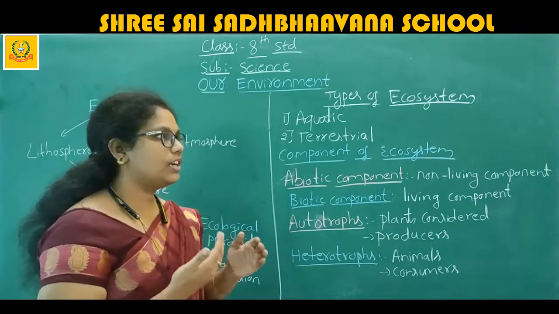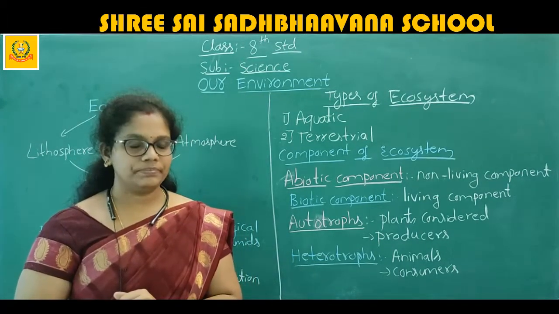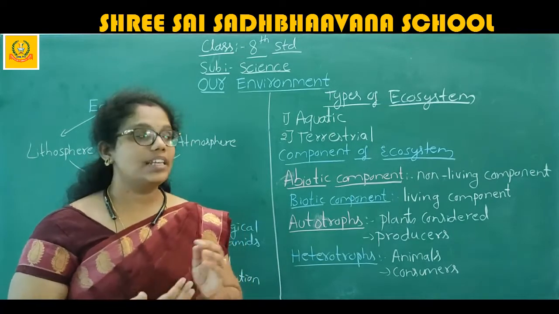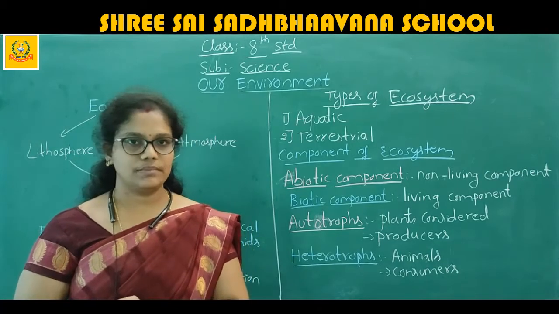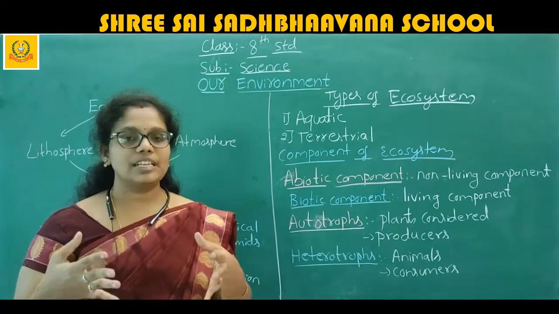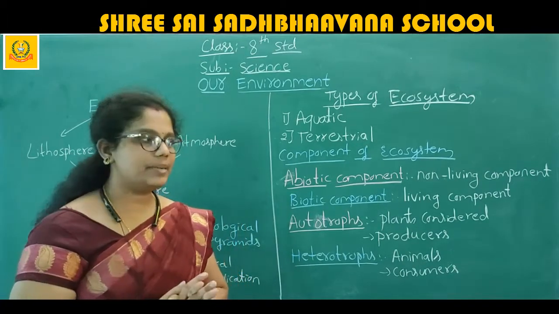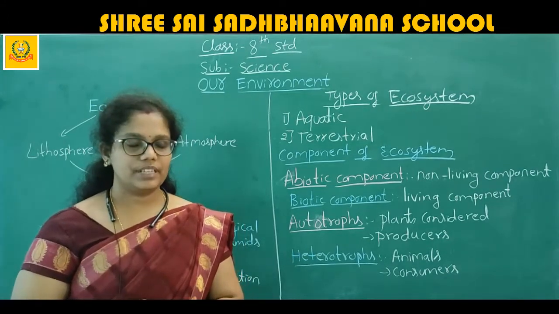The interaction of the living and non-living organisms we call an ecosystem. In the ecosystem, there are two types: one is the natural ecosystem and another is the man-made ecosystem. What is a natural ecosystem? The ecosystem that is present in nature we call a natural ecosystem.